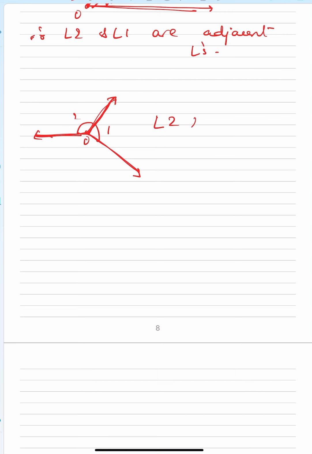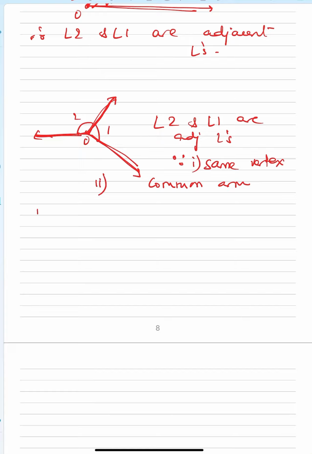Yes, so we can say angle 2 and angle 1 are adjacent angles because, first thing, same vertex. Second thing, common arm. And the third one is that the other two arms, this one and this one, are on the opposite sides of the common arm. This is the first reason, second reason, and the third reason.